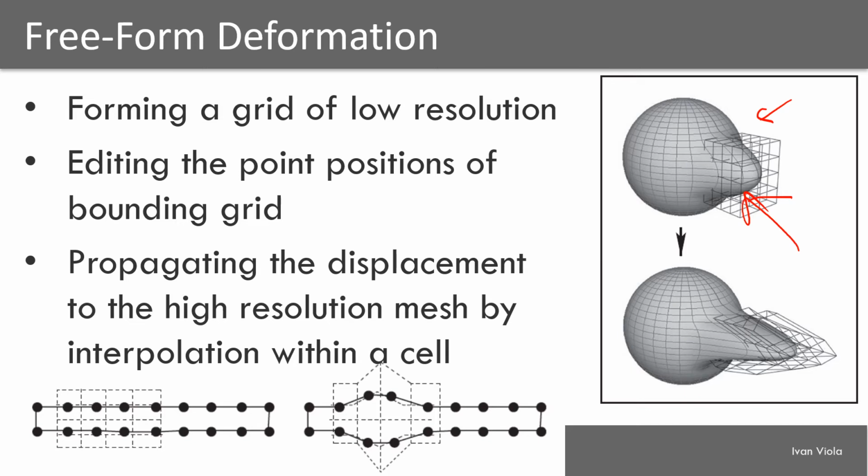We can see here one example where we have a freeform deformation associated with a certain set of vertices on this schematic example, and by changing our freeform deformation, we will be changing the positions of these individual points.